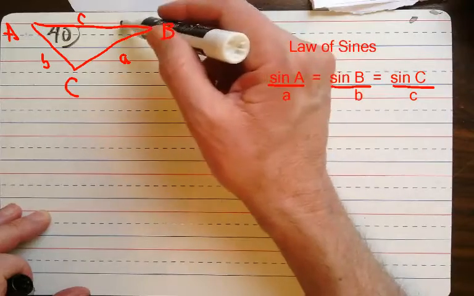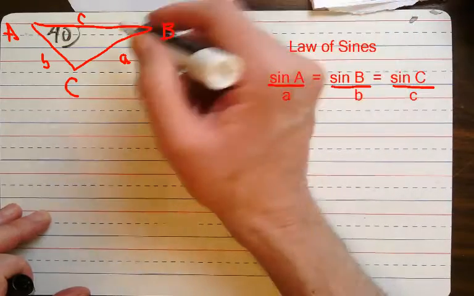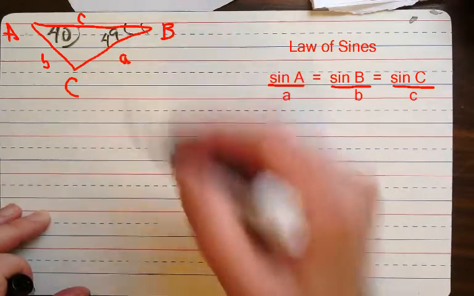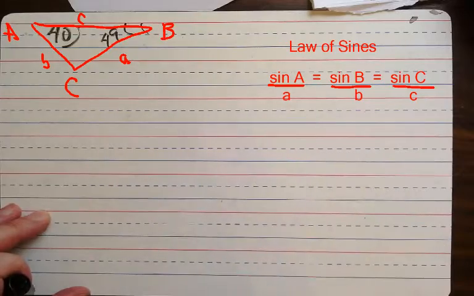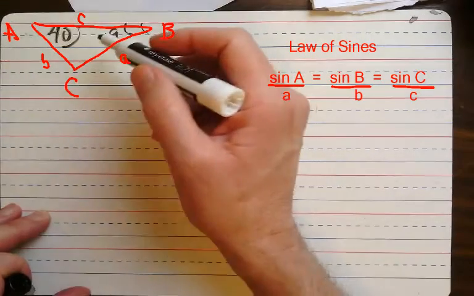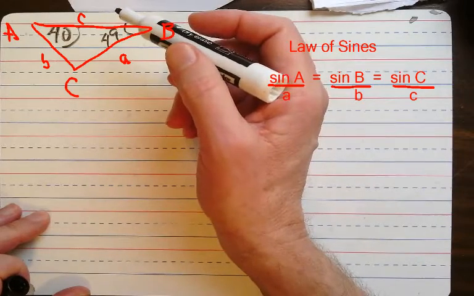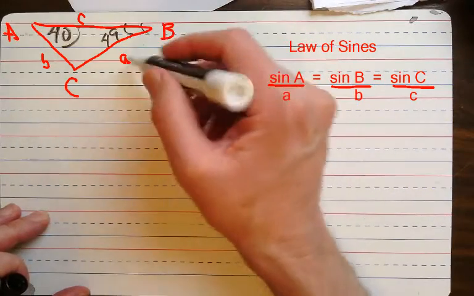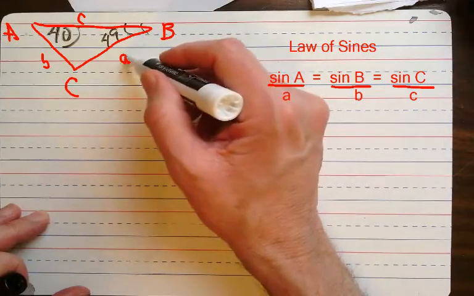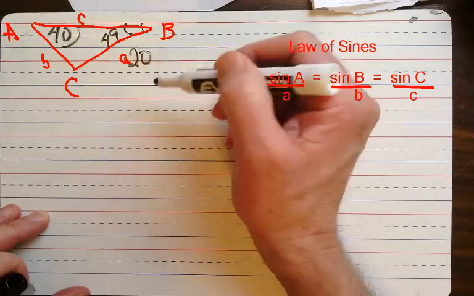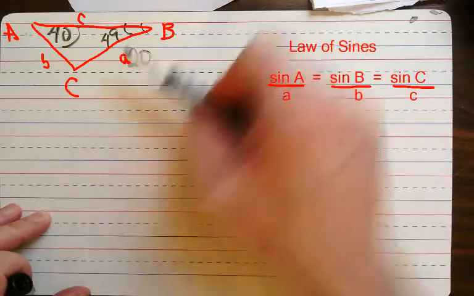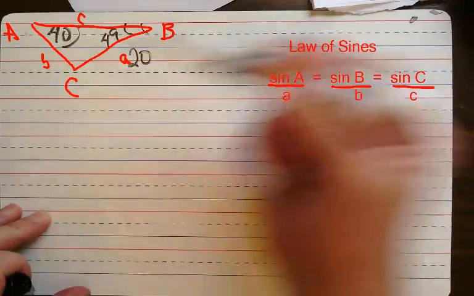That little angle, angle B, is going to be 49. So I've got two angles, and then the side is going to be this one over here, and we're going to say this is 20. So side A is 20.